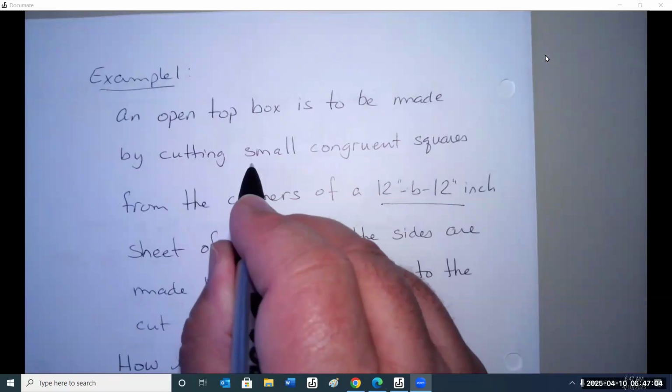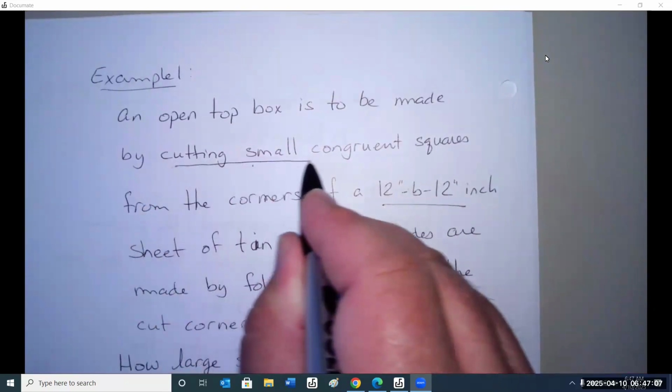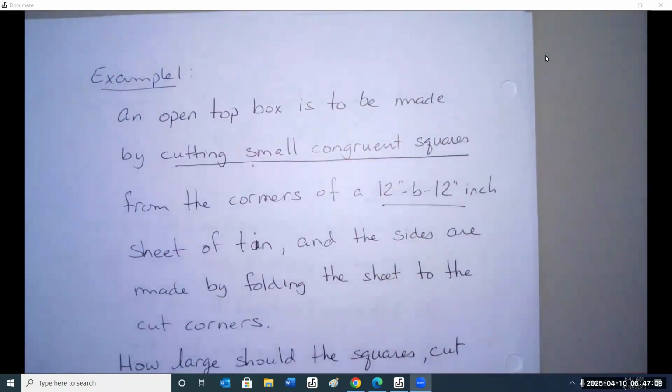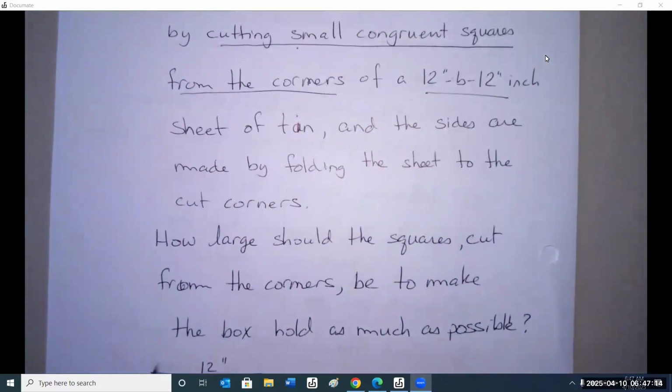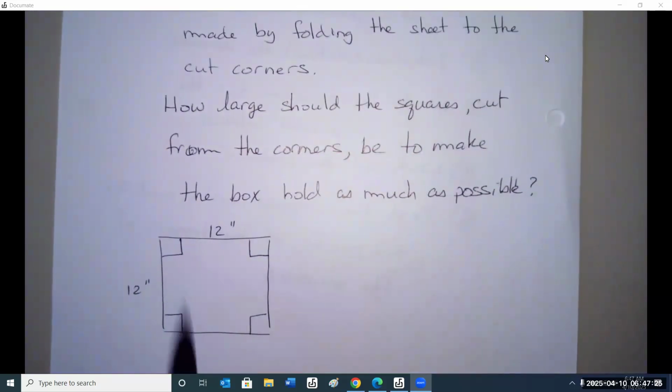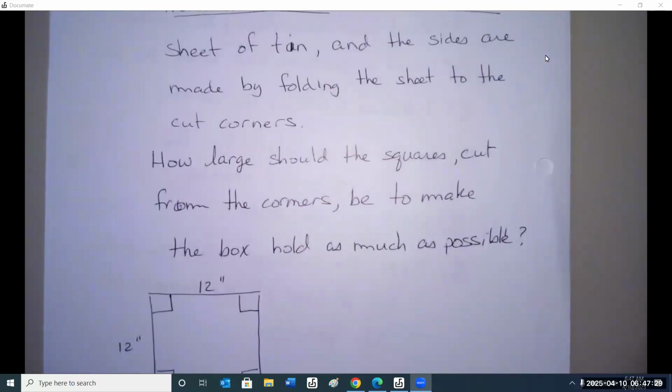Now, the next part is you have to cut small congruent squares from the corners. So these have to be squares, and congruent means the same. So each of these corners has to be cut the same. How big is the cut? Well, that's what we have to figure out. That's the x of our equation.